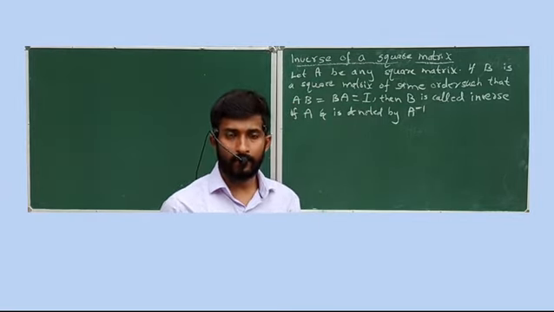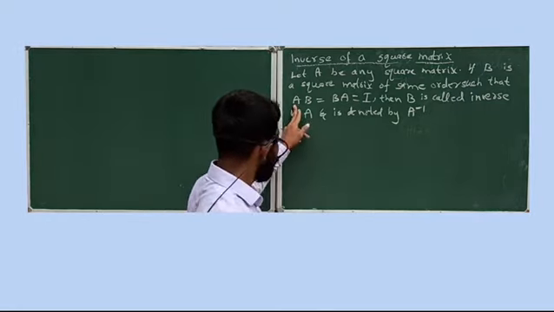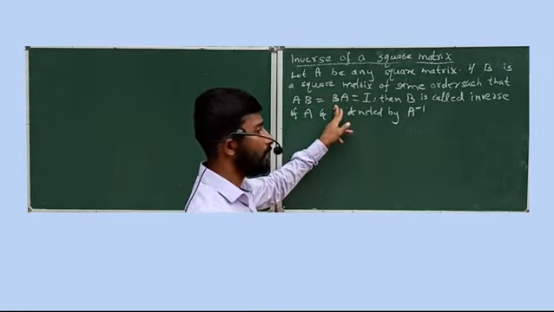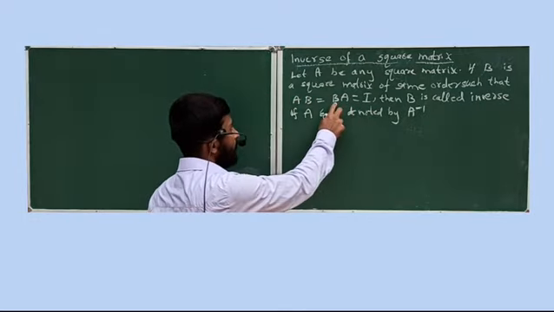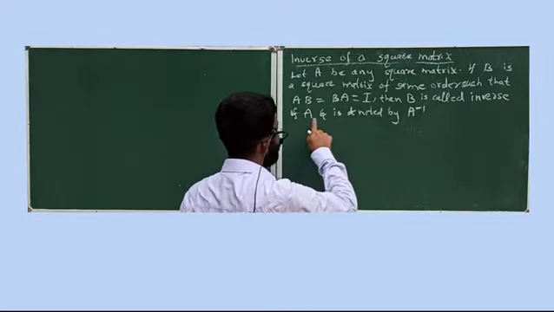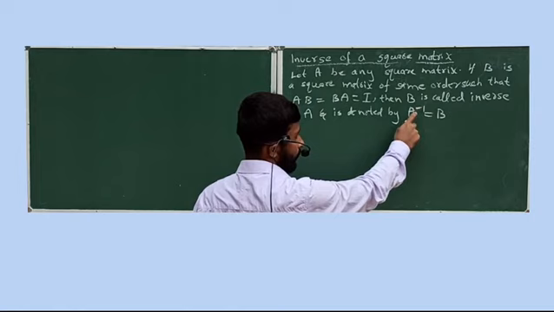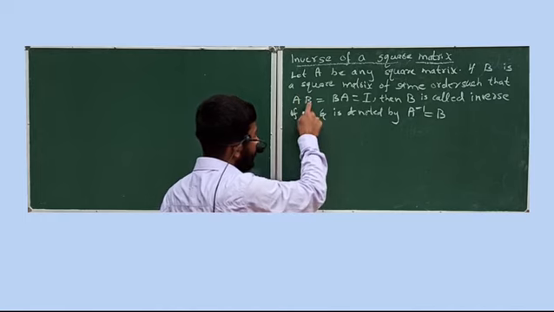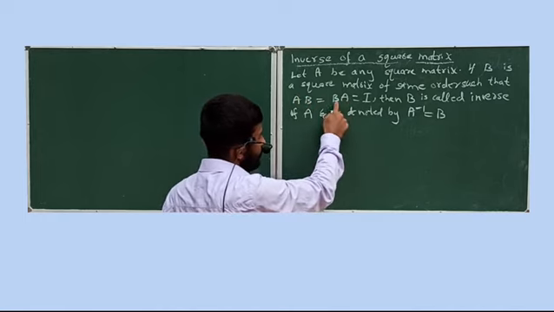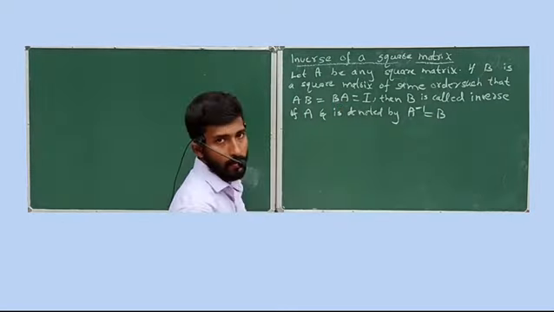If there exists, it's not necessary, one matrix B such that the product AB is equal to the product BA is equal to identity matrix, then this matrix B is called the inverse of A and is denoted by A inverse equal to B. This is the notation, A to the power minus 1. We read it as A inverse.